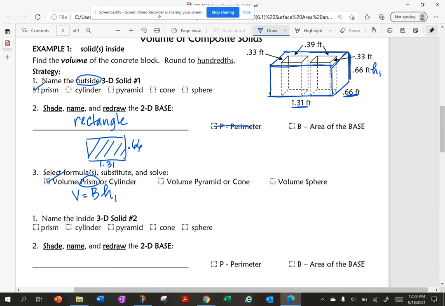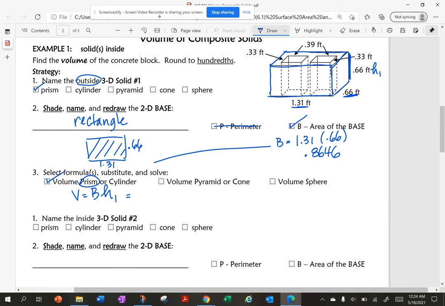I don't need perimeter, but I do need to find the area. So the area of my rectangle is length times width. So this is going to be 1.31 times 0.66. So we get 0.8646.